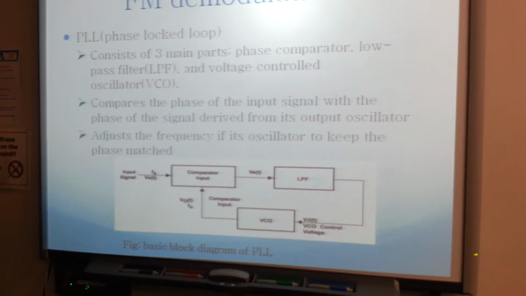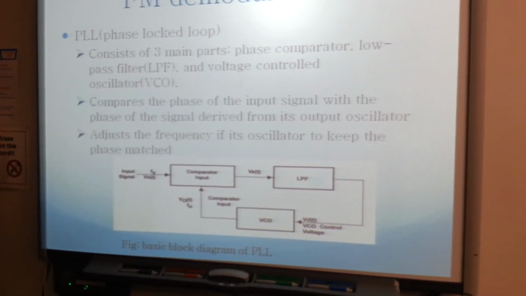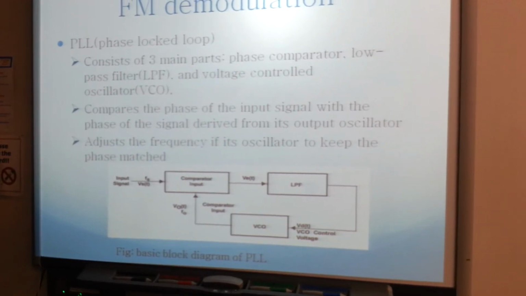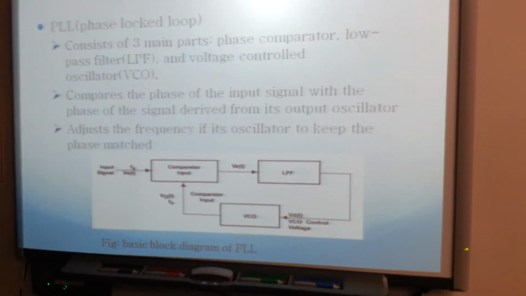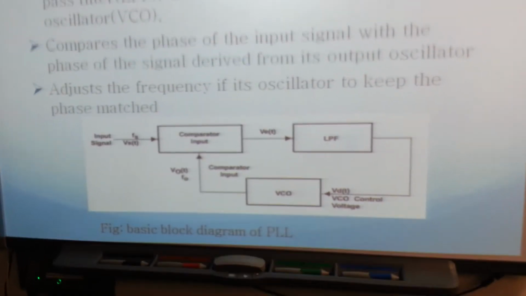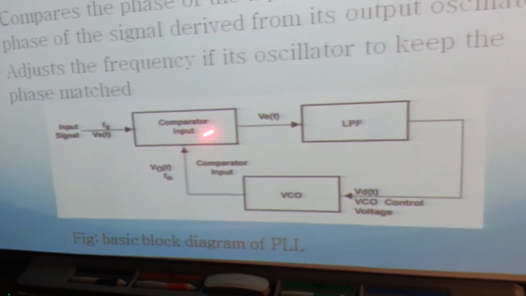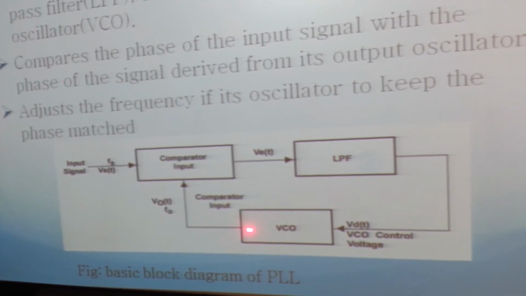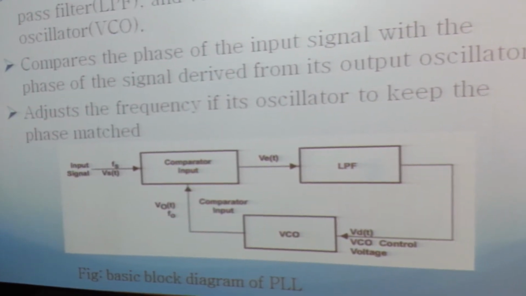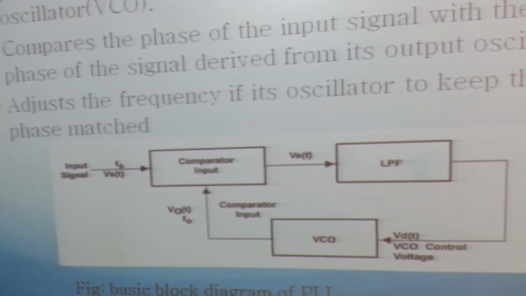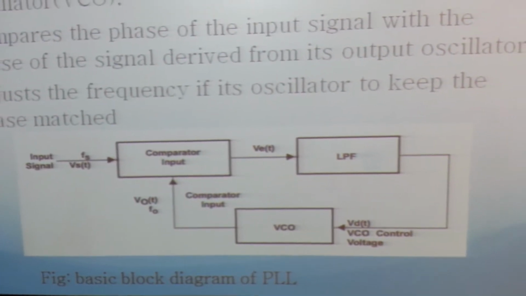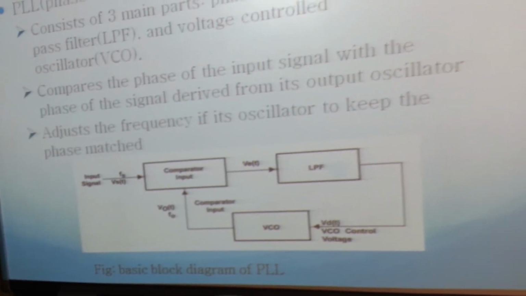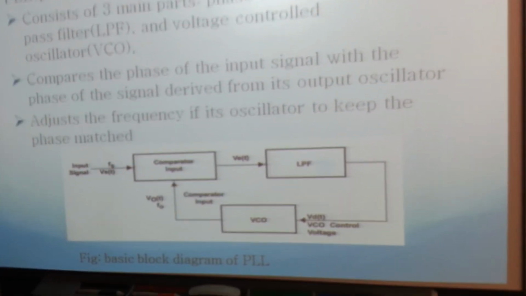After comparing, it will match the frequency of its oscillator and the frequency that is outputting. As you can see here, the feedback loop takes the output and feeds it back into the comparator input, so we can match the phase. And now I'll pass it over to Kisan.